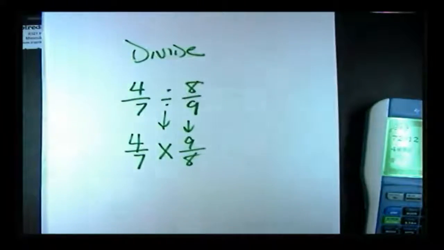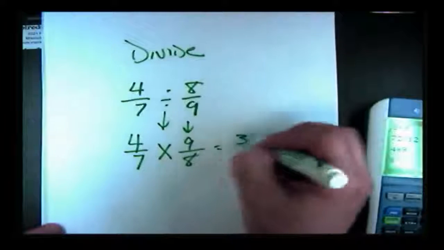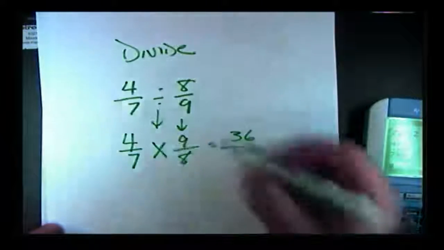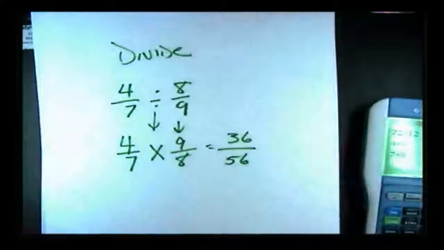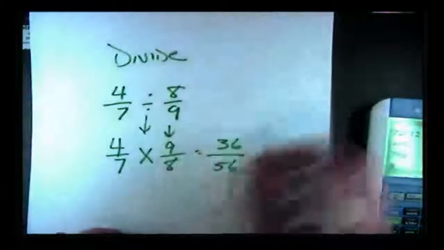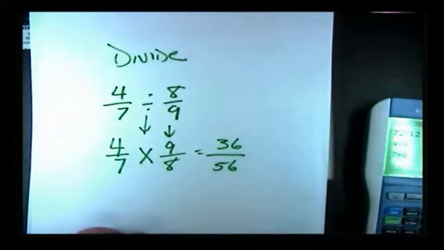So 4 times 9 is 36, and 7 times 8 is 56. So there we have 36/56. 4/7 divided by 8/9 is 36/56. The last thing we can always do is simplify our fractions. For me, I noticed that these are both even, so I'll cut them in half.